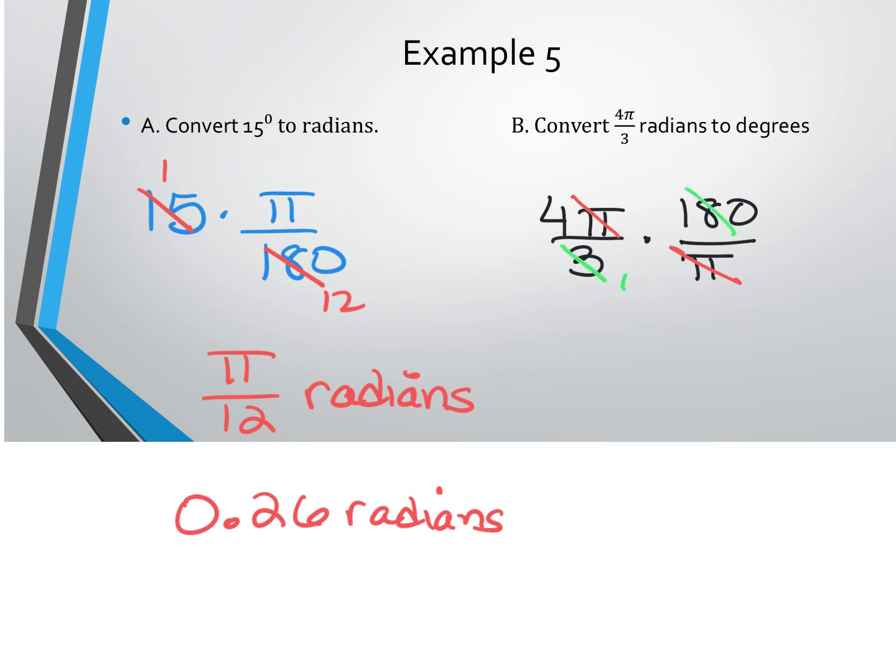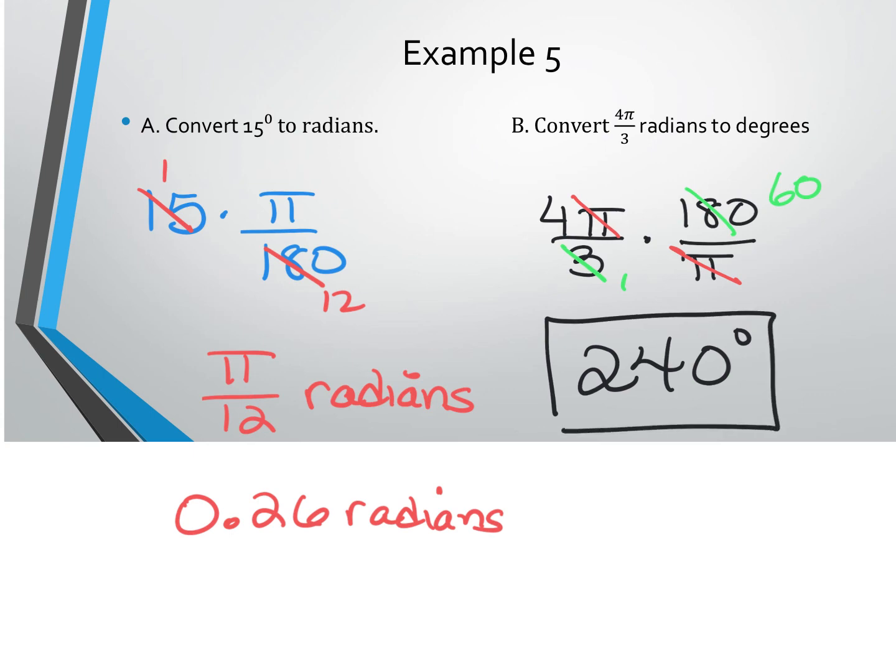Becomes a 1, becomes a 60. And now I multiply what remains. 4 times 60, and 4 pi over 3 is 240 degrees. Again, you could have done that continuous in your calculator. Just know the pi's cancel. 4 times 180 divided by 3.